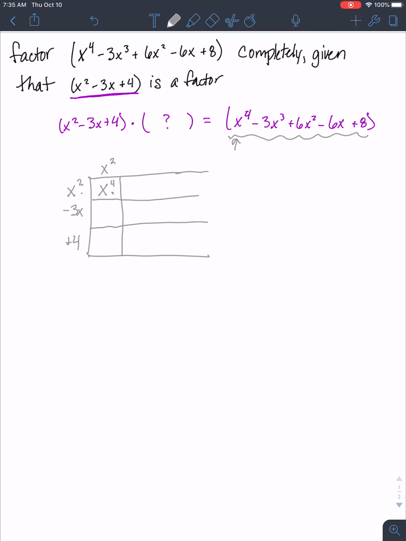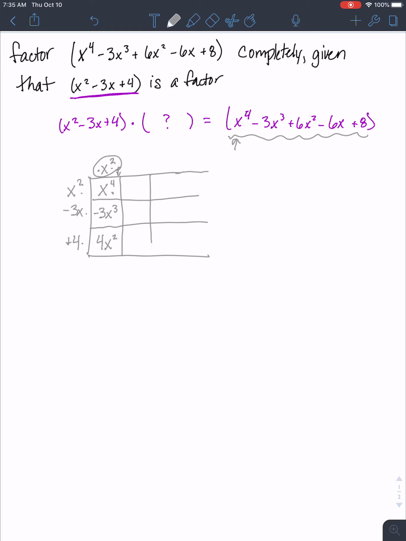Now I follow down along this way and figure out the column. x squared times negative 3x is negative 3x to the third, and x squared times 4 gives 4x squared.